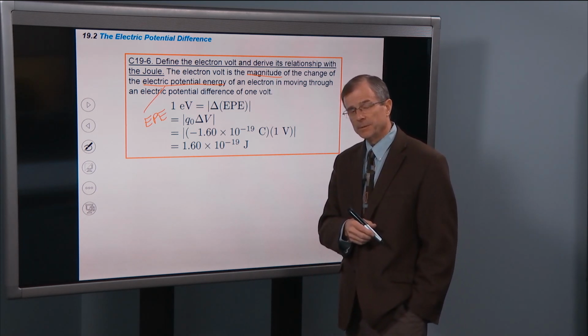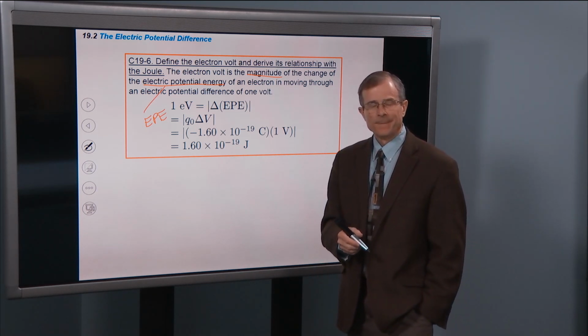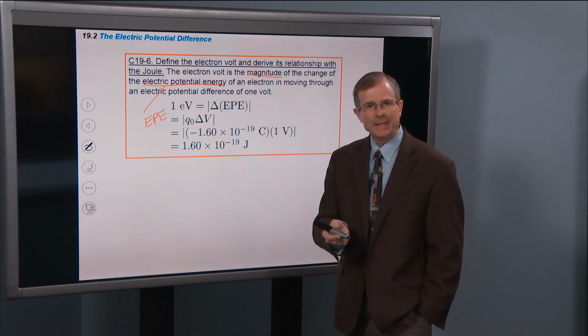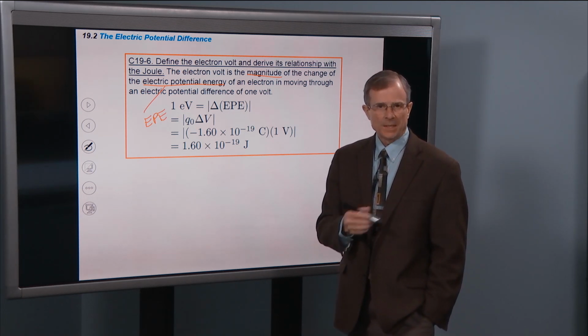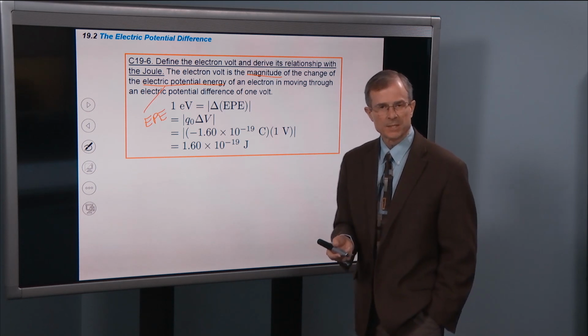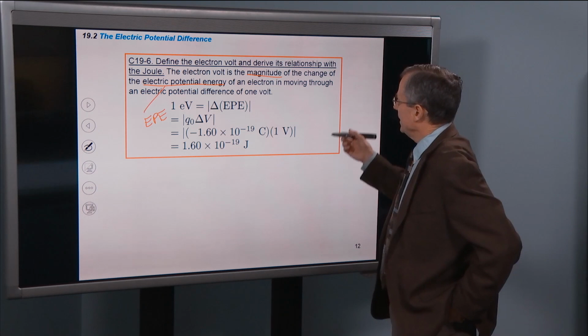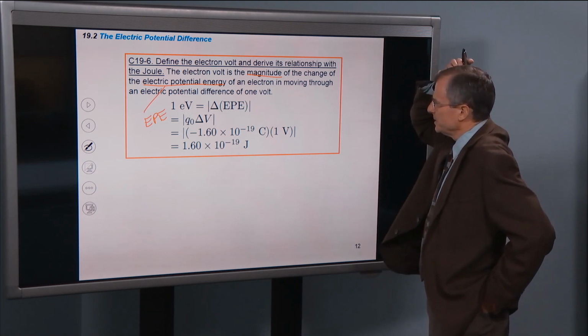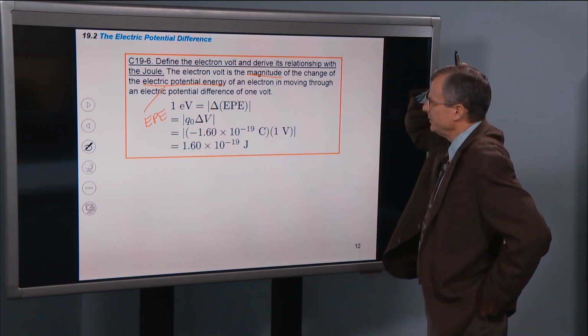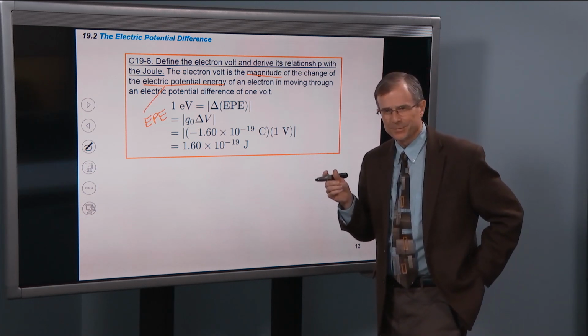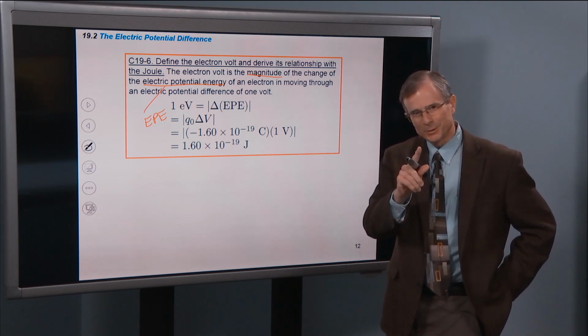Well, you already know what the charge on an electron is. It's negative e. And what's e? e is 1.6 times 10 to the minus 19 coulombs. So it's the magnitude of the change of the electric potential energy of an electron in moving through an electric potential difference of 1 volt.